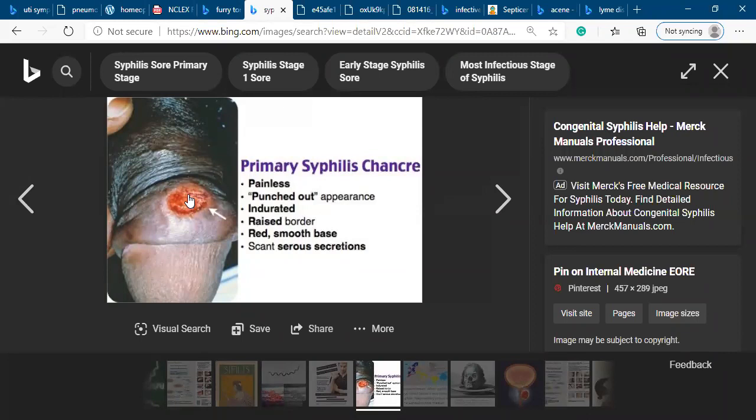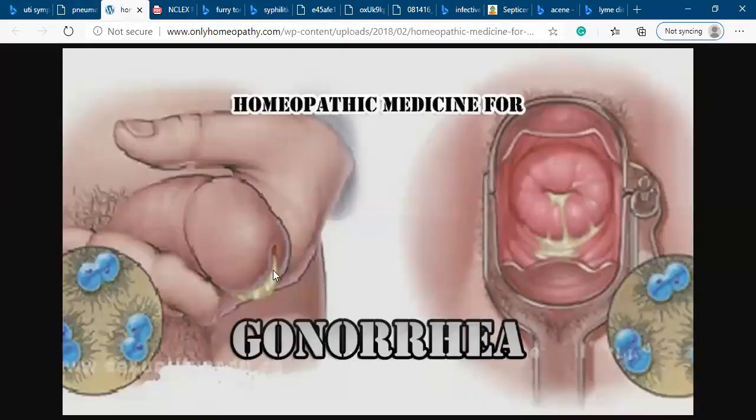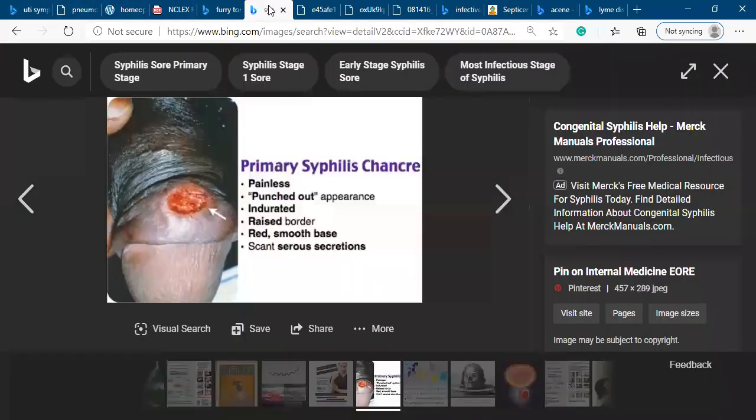In gonorrhea there is pus discharge, but in syphilis an ulcer develops, a painless ulcer, indurated, with a raised border. This is the nature of a syphilitic ulcer, right? So as I told you, STIs like gonorrhea and syphilis can be treated by tetracycline.